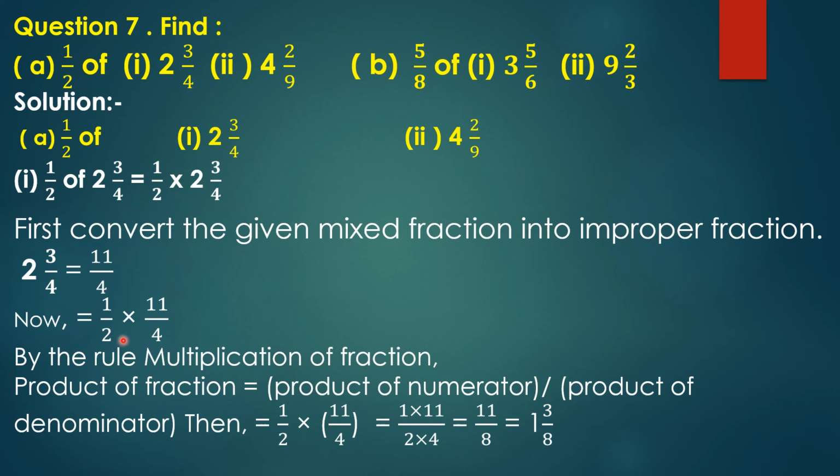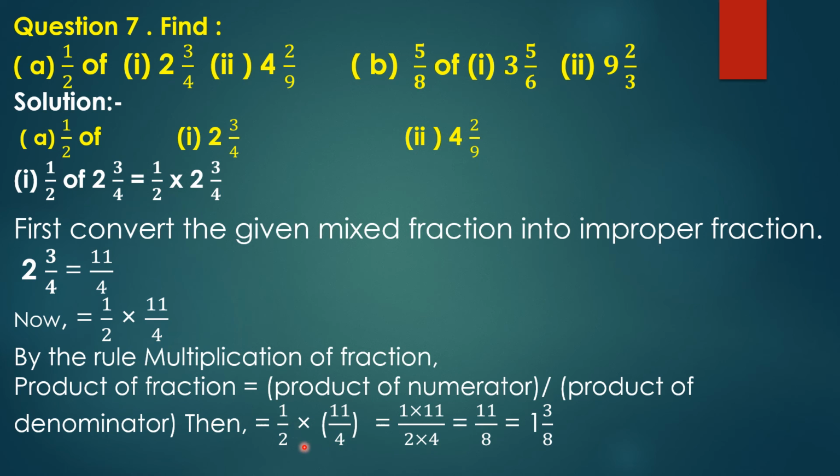Now here we have to apply the multiplication of fractions, because here we have two fractions. And what is the multiplication of fractions rule? We have to get the product of the fractions, multiply the numerator and denominator separately. This is the rule we are going to use to solve the given questions under question number 7.